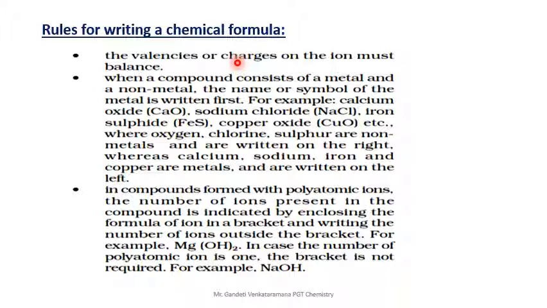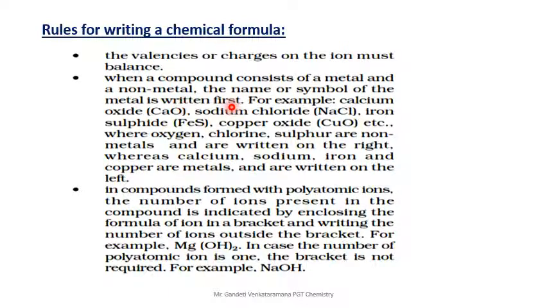When a compound consists of a metal and a non-metal, for example take sodium and chlorine. Sodium is a metal. What about chlorine? It is a non-metal, a gas. So when a compound consists of a metal and a non-metal, the name or symbol of the metal is written first.